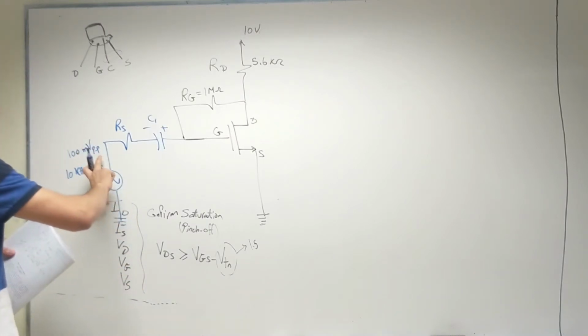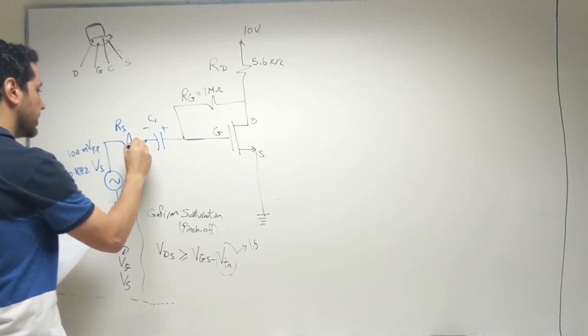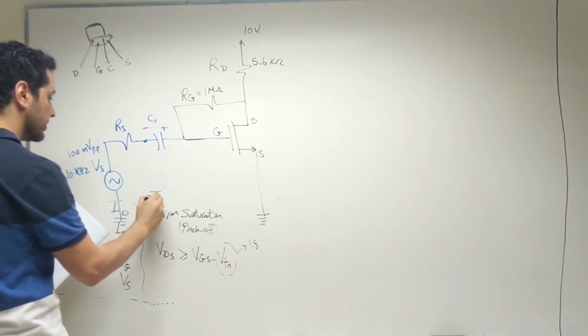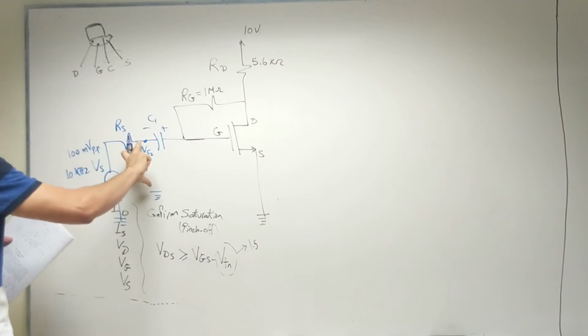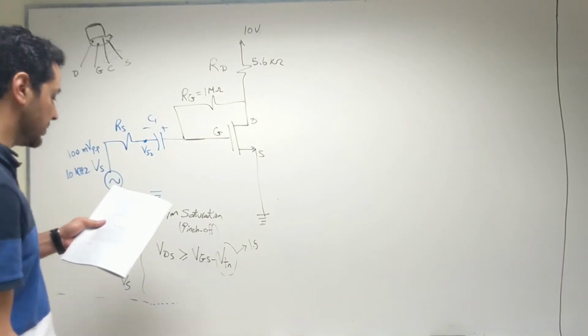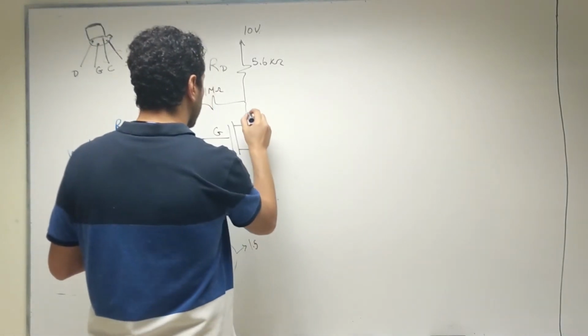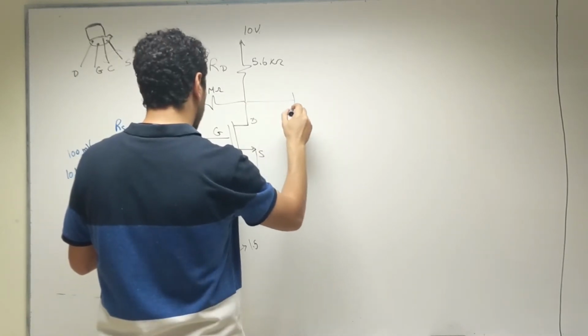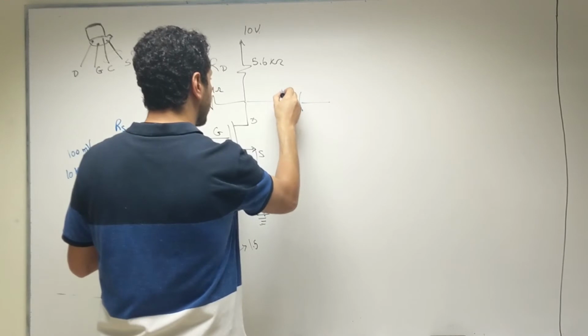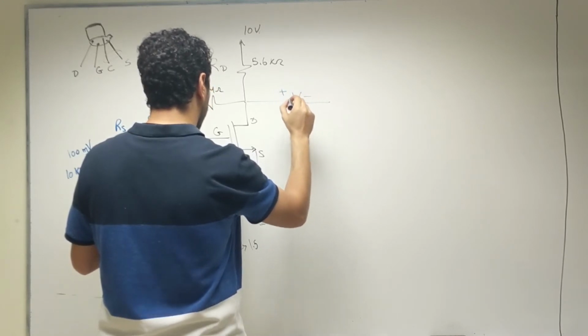The voltage here is called VS, and the voltage between this point and the ground we'll call VS2. And the output, we are going to take from the drain, and we are going to connect a capacitor here, positive this side, negative the other side.